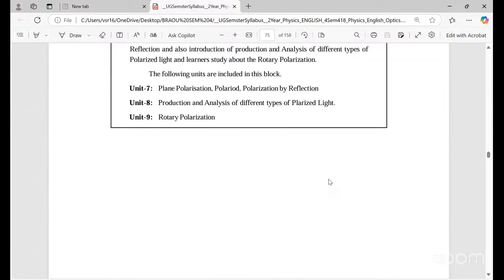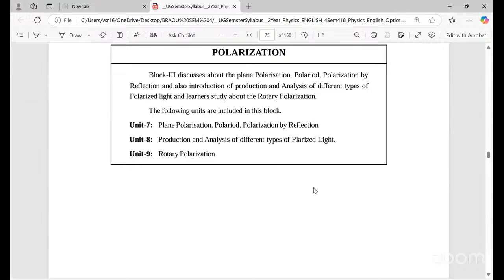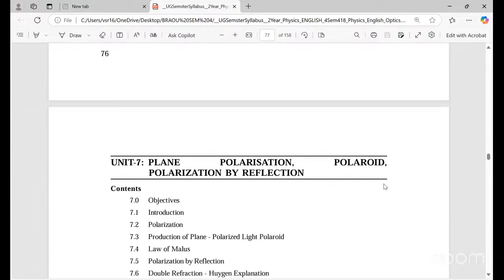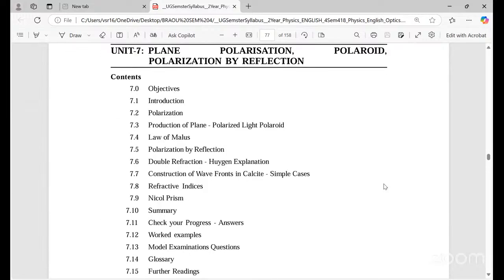By tomorrow, we will discuss polarization. This is another important concept, with many short questions, and a combination of the short ones may give you an essay. Let me give you the outline for polarization: plane polarization, what do you mean by polarites, and polarization by reflection, reflected light.